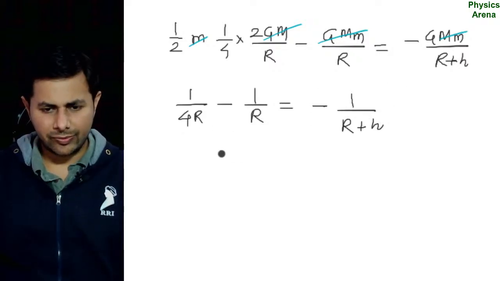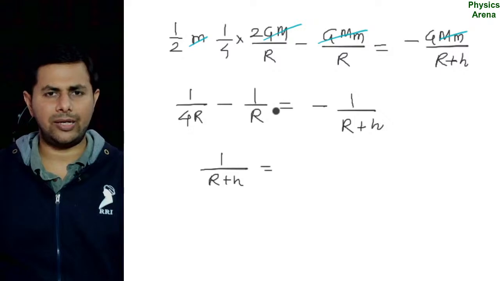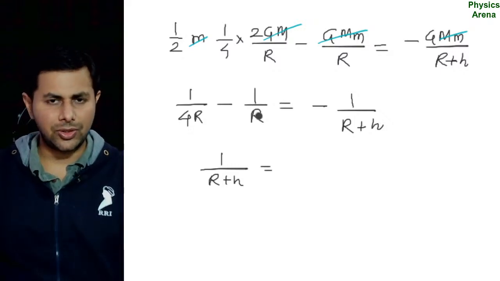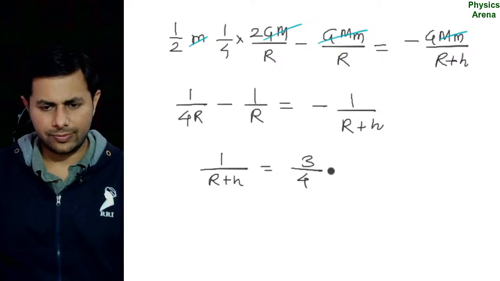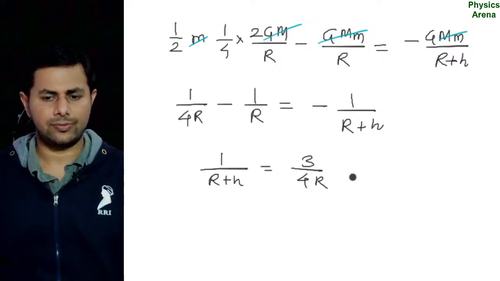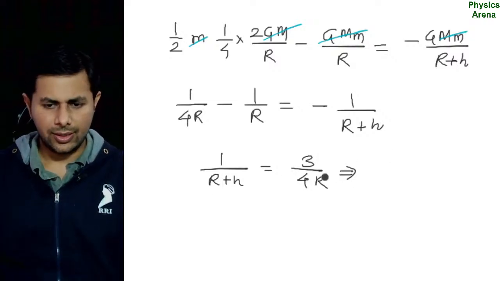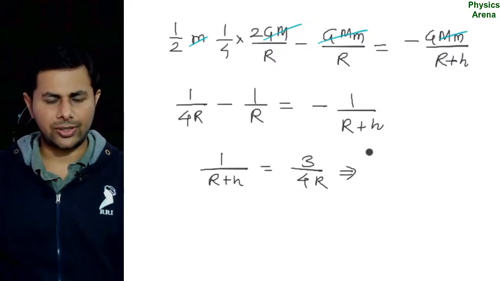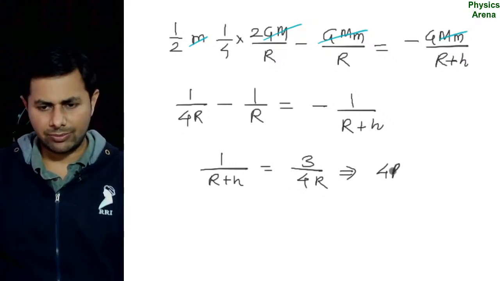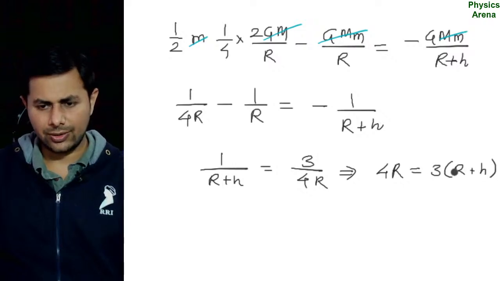So what do we get? 1 over r plus h, we can just multiply with negative sign, is 1 over r minus 1 over 4r. So that is 3 by 4r. And again we can take this 4r on left hand side and r plus h on right hand side. So 4 times r is equal to 3 times r plus h.